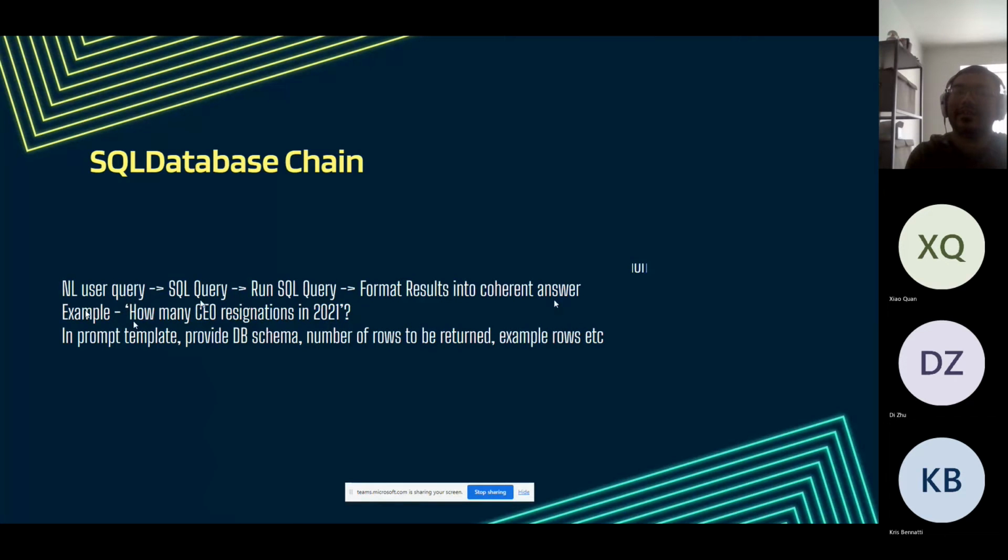In the prompt template we have to provide the database schema, the schema of the relevant tables, and you can also provide things like how many rows have to be returned. If the question contains something like, send me a few examples, then you can specify how much exactly needs to be returned. Or you can also look at how the rows look. You can provide example rows in the prompt.